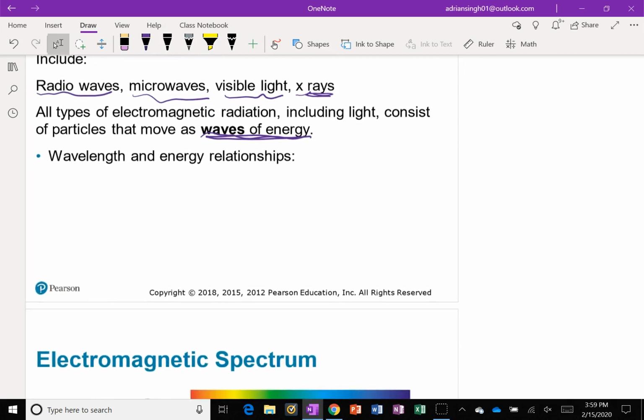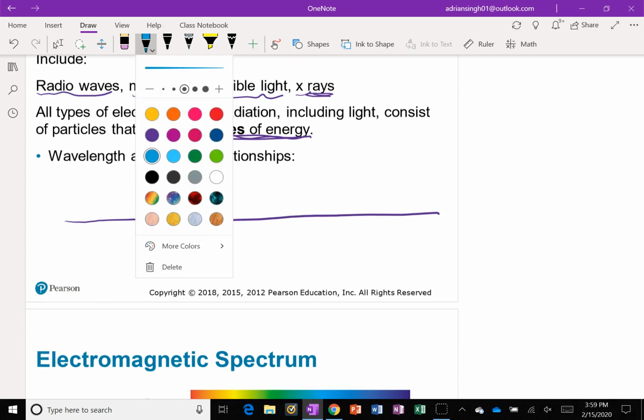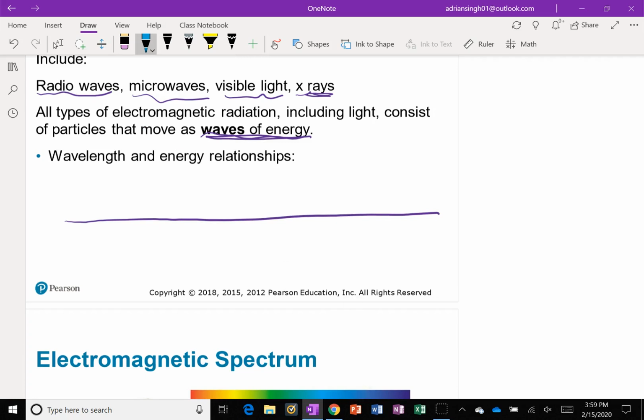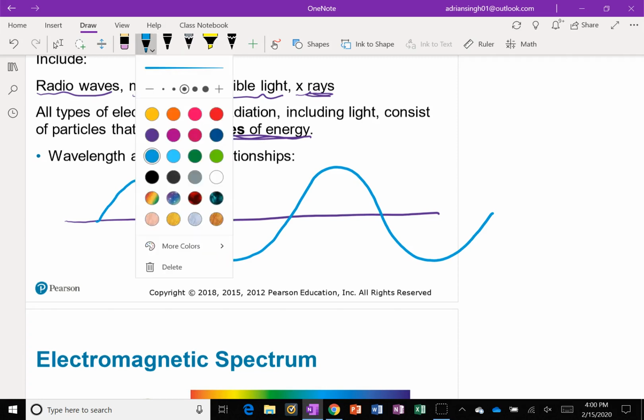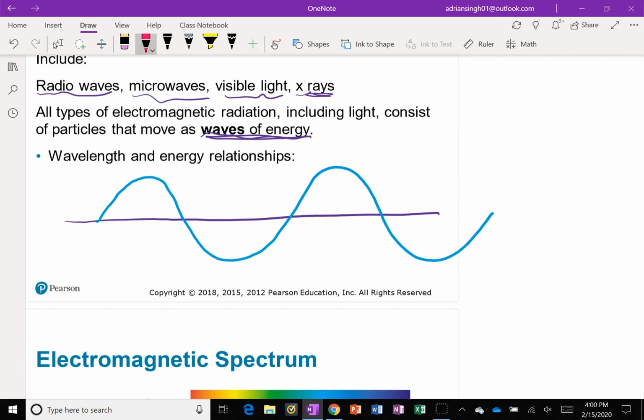So if we were to draw a wave along an axis like this, then our wave can look something like a typical wave you would associate with. So it goes like that. And there are a couple things that we can identify from the wave. The first is something known as the wavelength, or the length of the wave. And that is simply the distance from one peak to the neighboring peak.